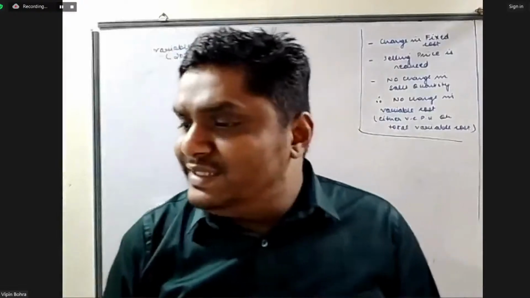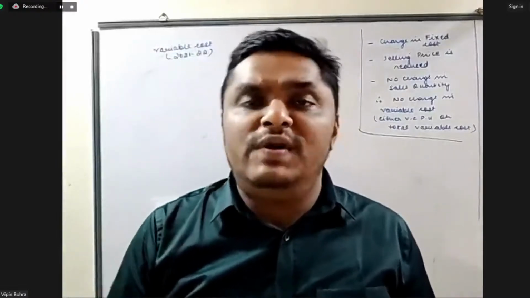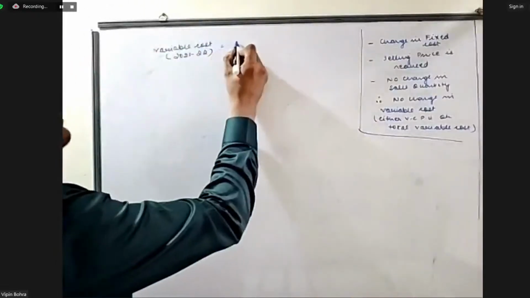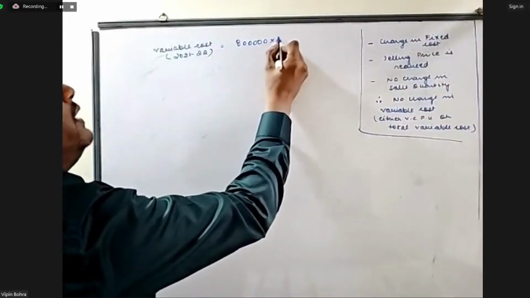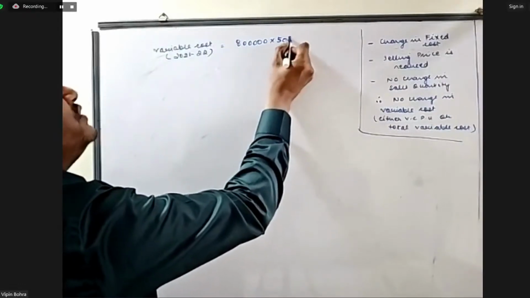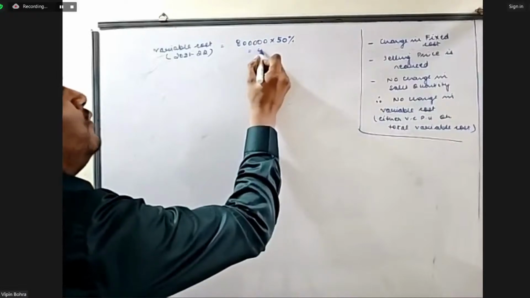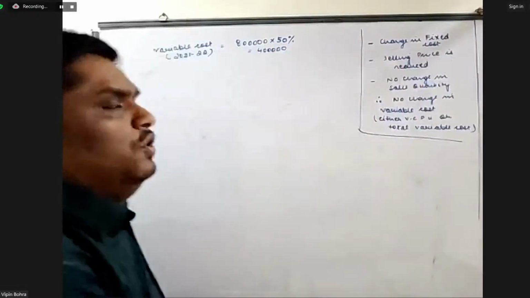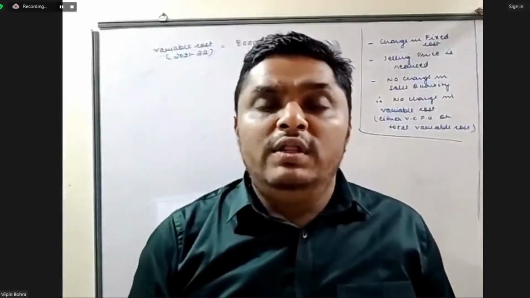See, my sales is 8 lakh and my PV ratio is 50%. It means my variable cost will also be 50%. So 8 lakh into 50% will be 4 lakh. So 4 lakh is the variable cost of 21-22.